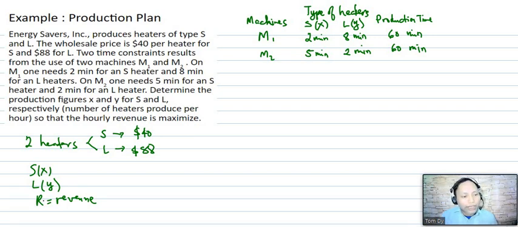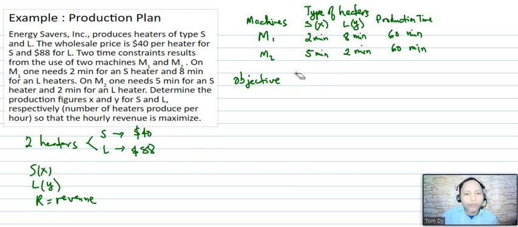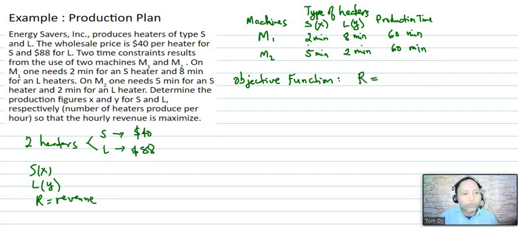We make use of X, Y, and R. For our objective function, we have R as our revenue, which is equivalent to $40 per heater for S, so we multiply 40 times X, plus, of course, this is now our revenue.